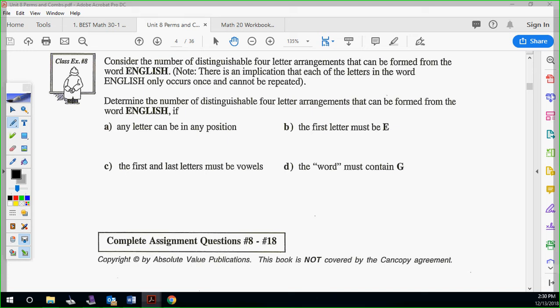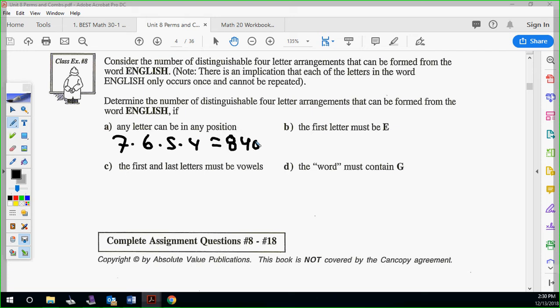So my first grab, there's 7 possibilities. My second letter grab, there is 6. My third's 5. My fourth letter's 4. So I'm keeping the letters. That's what I mean by distinguishable. You're not putting them back in. Okay? So then for A, that possible combination is 840 different ways you can get something to come out of there.